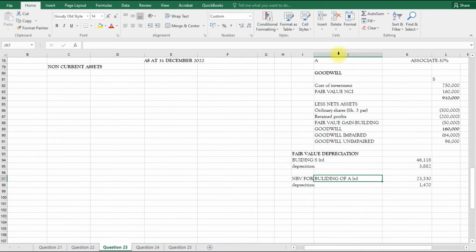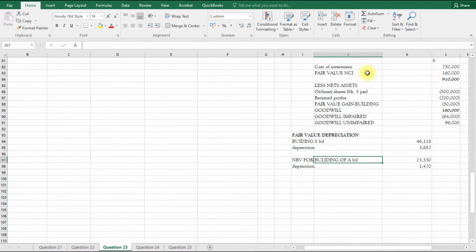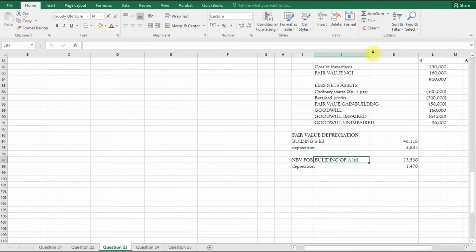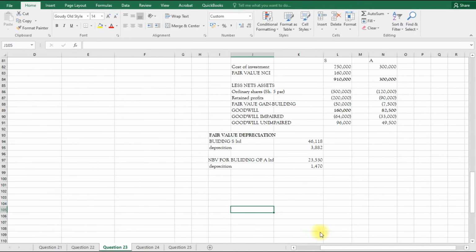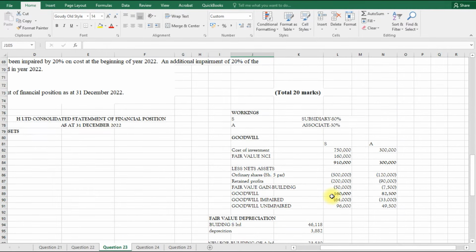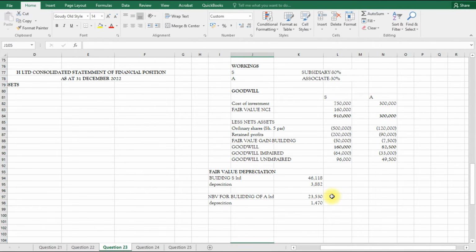Just a minute, merge and center this in order to reduce the space. That one is okay.